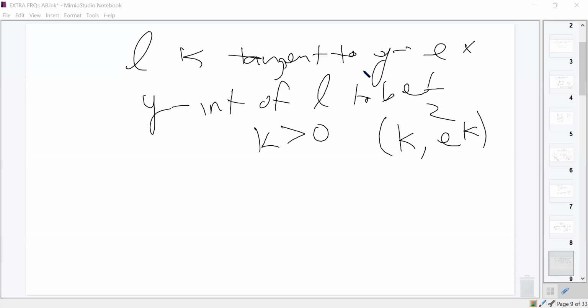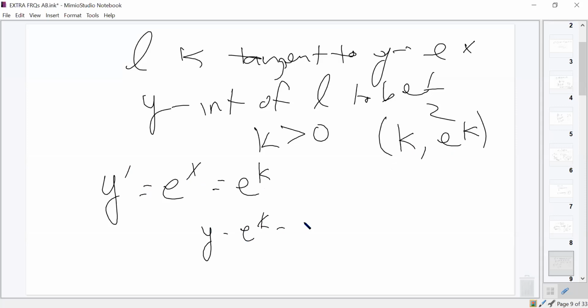Okay, so if L is tangent to y equals e to the x, then the derivative, the slope of that, ought to be e to the x. And if we're doing it at the point k, e to the k, that should be e to the k. So we have a slope of e to the k through the point k comma e to the k. So using point slope form, that should look like y minus e to the k equals e to the k times x minus k.